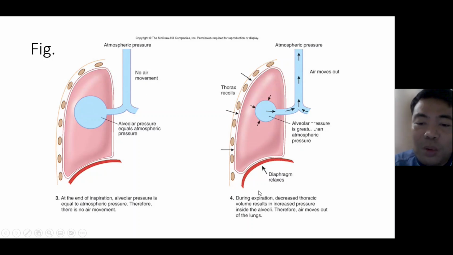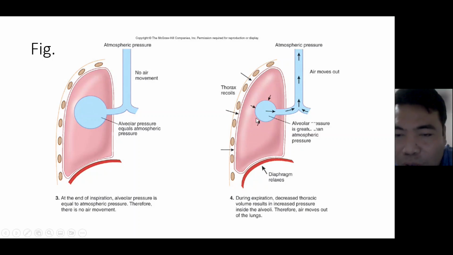But as you begin to exhale during expiration, itong number 4 na tayo. Take a look at the direction of the arrow. It tells us that the thorax and the lungs are already recoiling to their original shape. Lumiliit na siya ulit, thereby decreasing the volume of the thoracic cavity. Ano mangyayari pag nag-decrease ang volume?